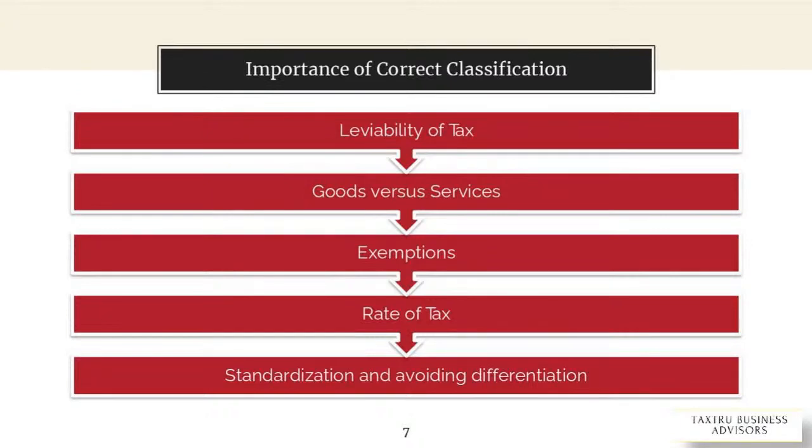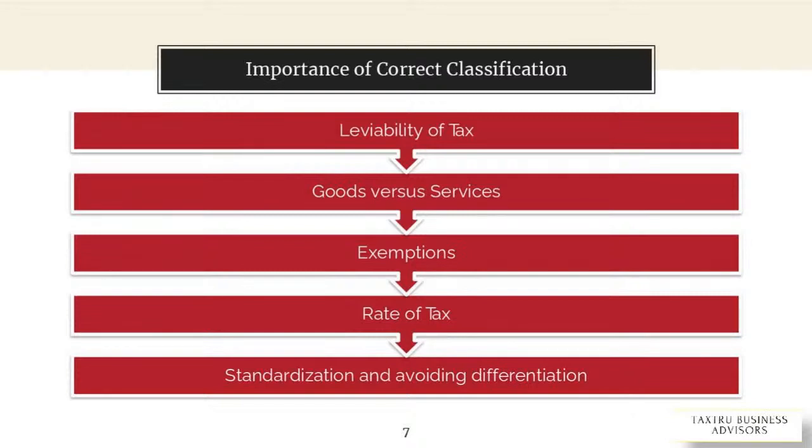So the importance is related to leviability of tax, to determine whether a supply is goods or service, and to determine the exemptions as well, because when you see the exemption list, they might be giving you the exemption as per the tariff codes, like this particular code will be exempted from the levy of the tax.